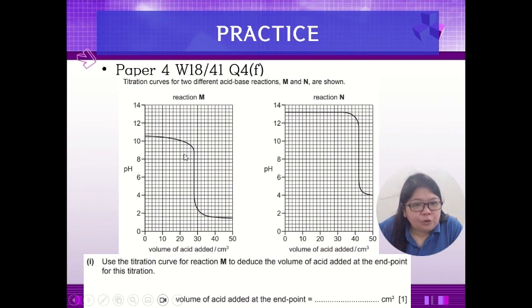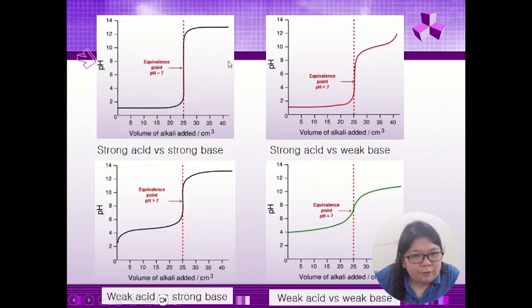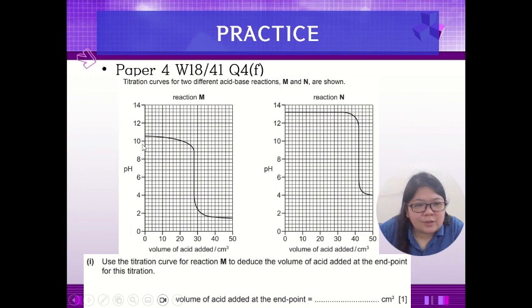They gave two titration curves. Now, can you see that this sigmoid shape is the reverse of the curves that I've shown you? Because we start with pH more than 7, meaning we start with a basic, alkaline solution in the conical flask.